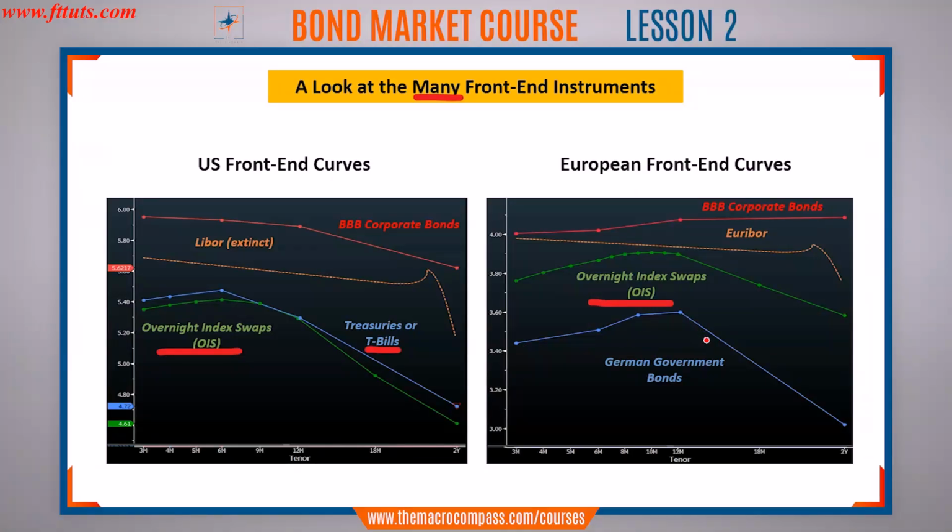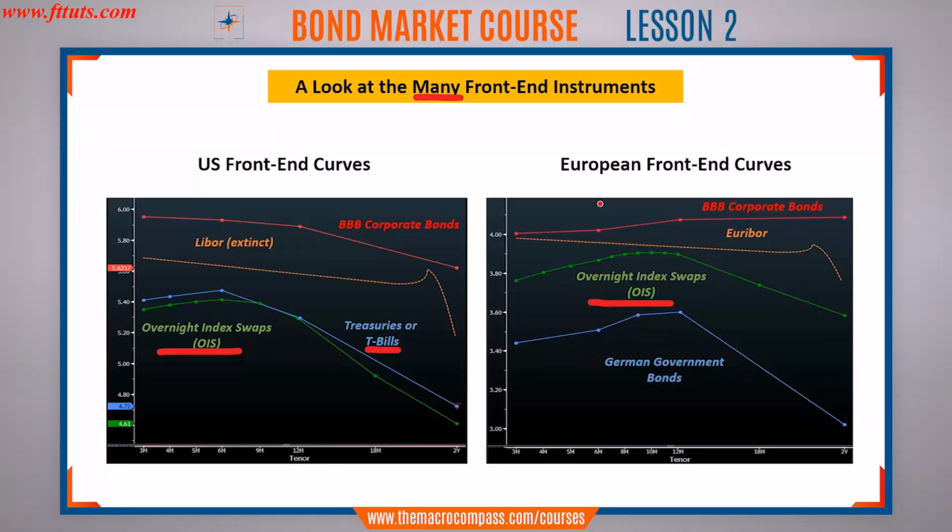The repo curve in Europe, unfortunately, is not data available to everybody. From personal experience, I can tell you that the repo rate for German government bonds is also much lower than the ECB rate.